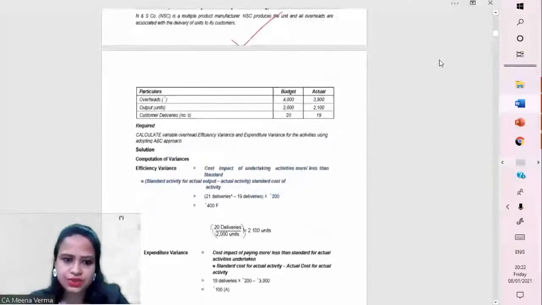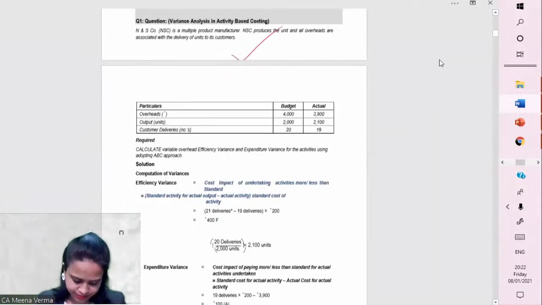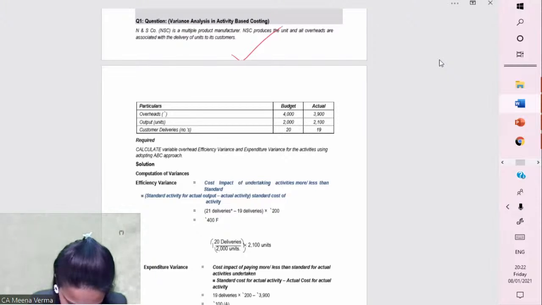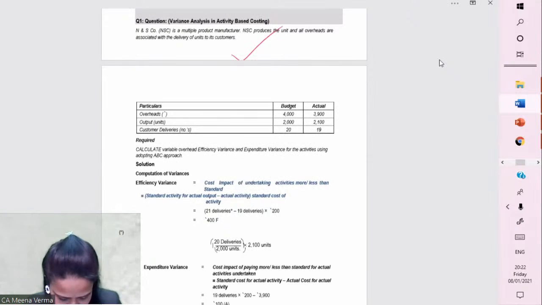Sorry, read this question. There is some problem in question 1. Let me see that. No, that is standard profit. So they have taken the standard profit.